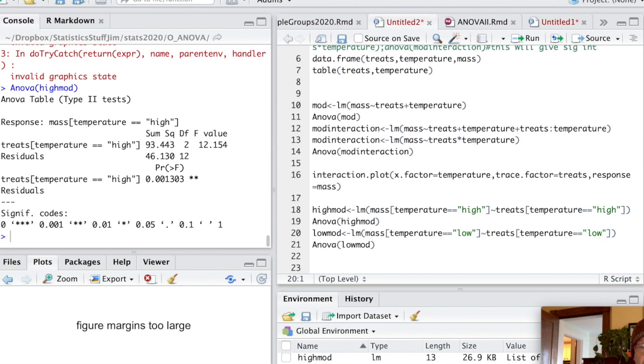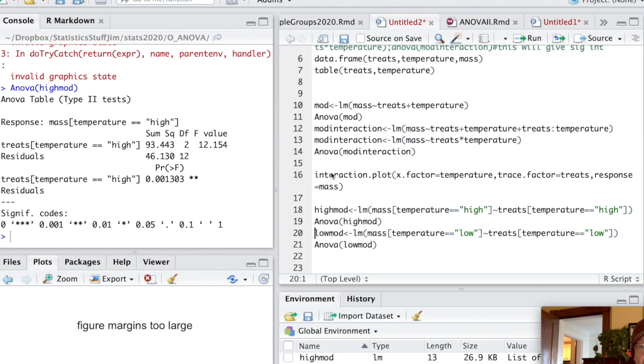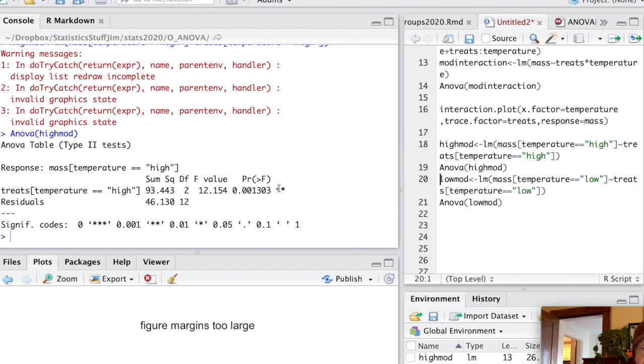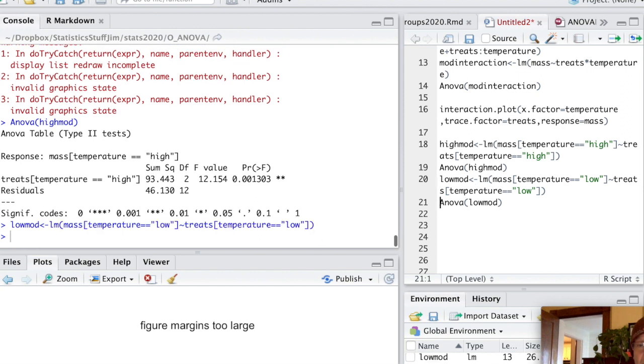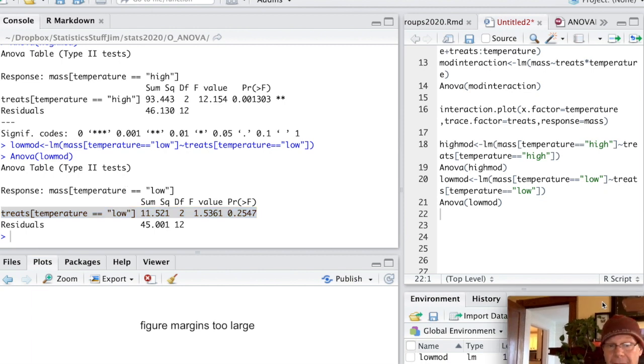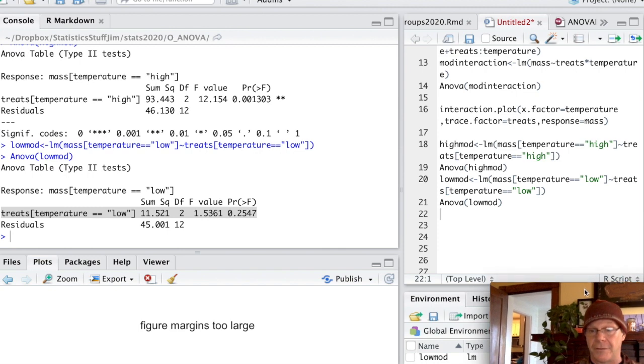So there is my ANOVA on the high mod. Scoot that back here. And sure enough, when the temperature is high, there is a significant difference among treatments. And now let's look here when temperature is low. And aha, we have failed to reject the null hypothesis that there is no effect of treatments.